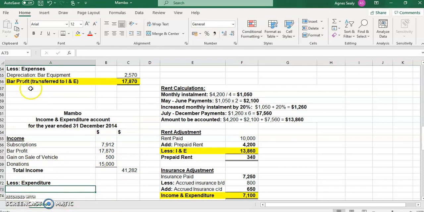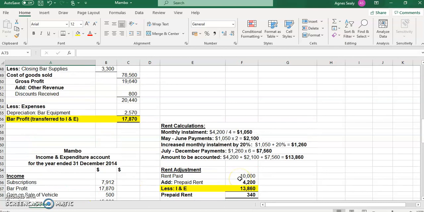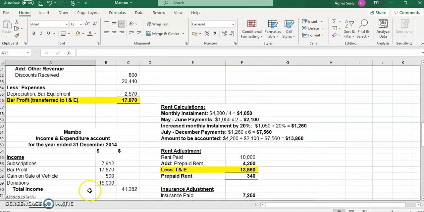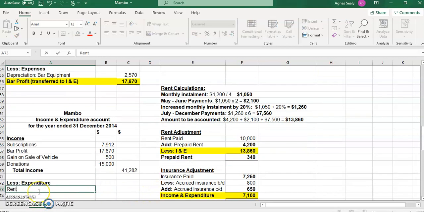So now let's look at the expenditure. So again, if it was a bar loss, it will become expenditure. So our expenditure, we have here rent, $13,860. So rent, $13,860.